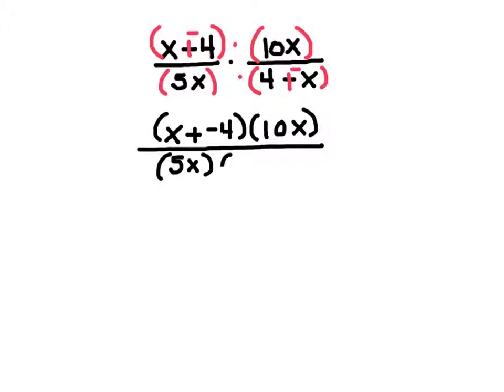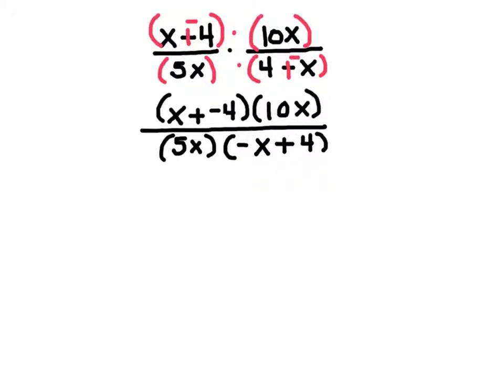And we can commute because it's all addition now and say negative x plus 4. Okay. I'm noticing, though, that I have two binomials that look fairly similar, x plus a negative 4 and a negative x plus 4, but the signs are different. So I can fix that up.